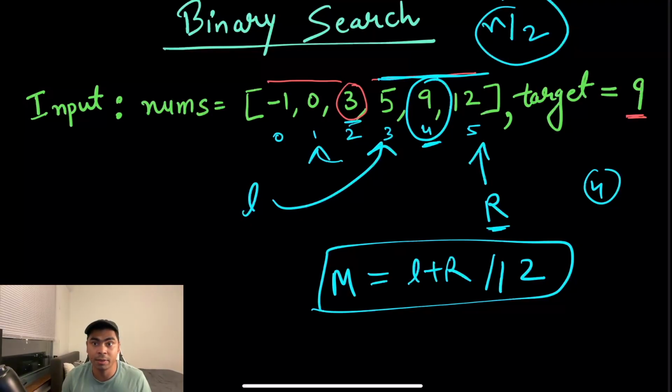And how are we getting it? It all depends on this: when we are bringing down our input size each time to its half.